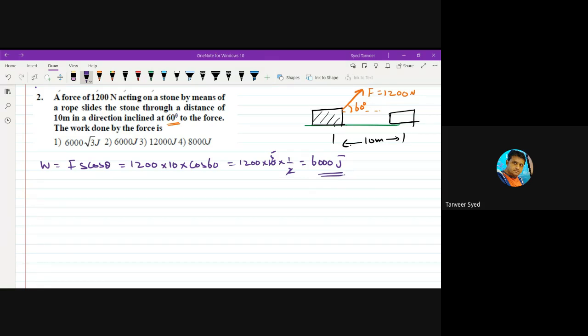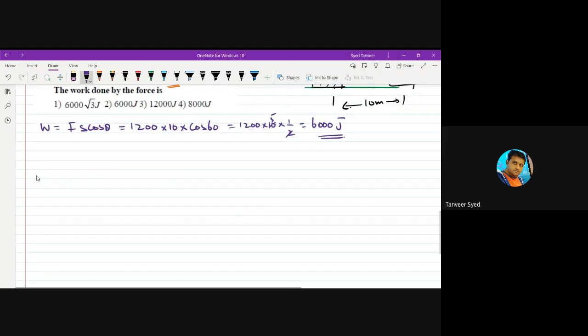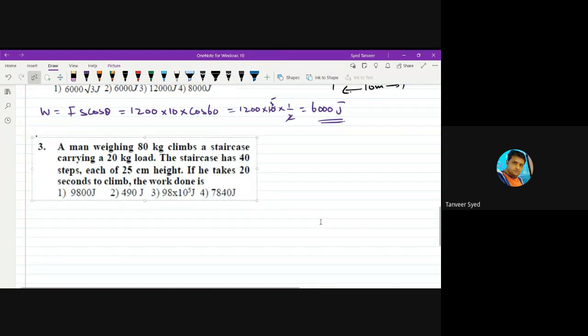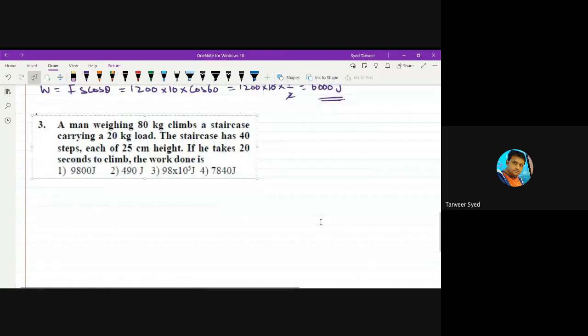Next. A man weighing 80 kg climbs a staircase carrying a 20 kg load. The staircase has 40 steps, each of 25 centimeter height.